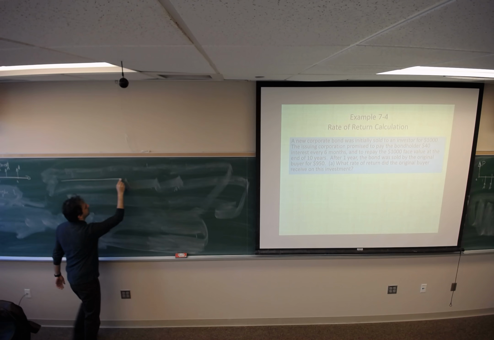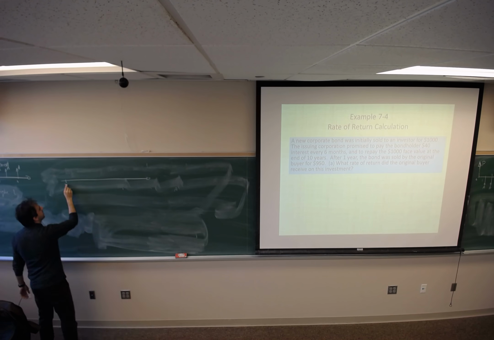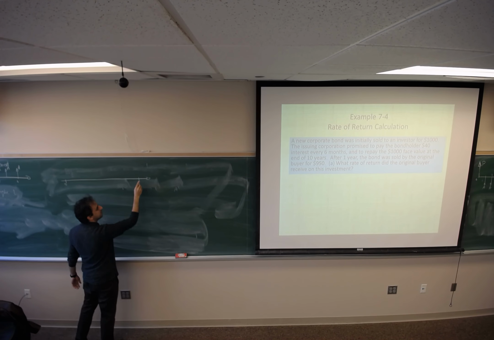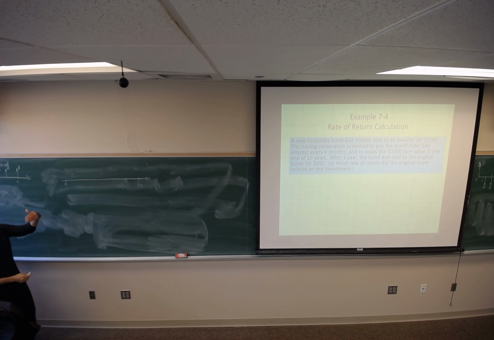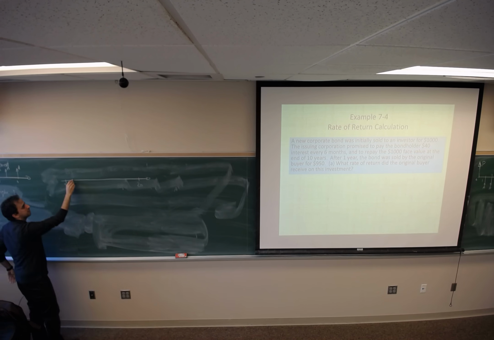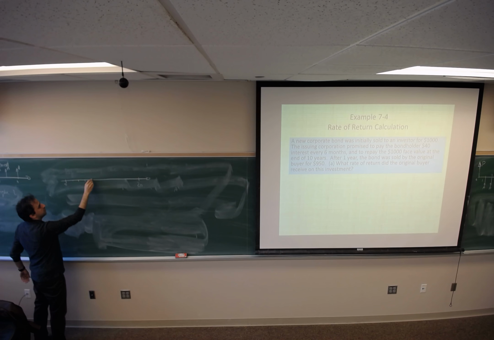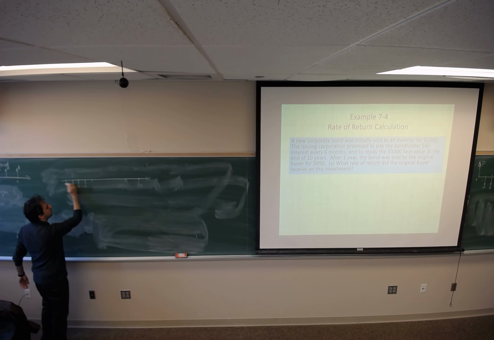So the life of the bond is 10 years or 20 periods of time, because you get paid every 6 months. 1, 2, 3, 4. Every 6 months you get paid $40.